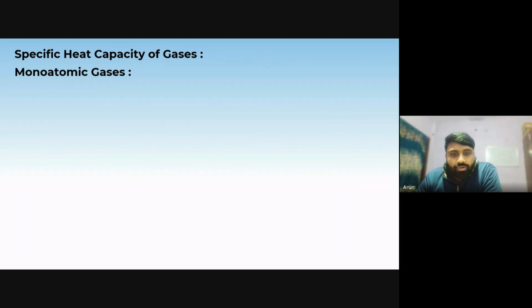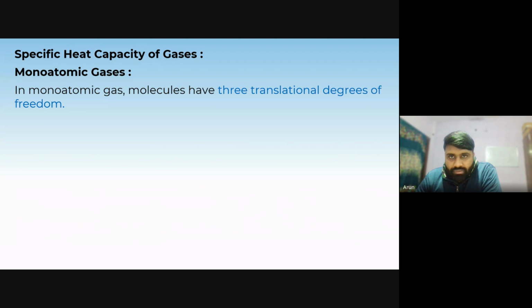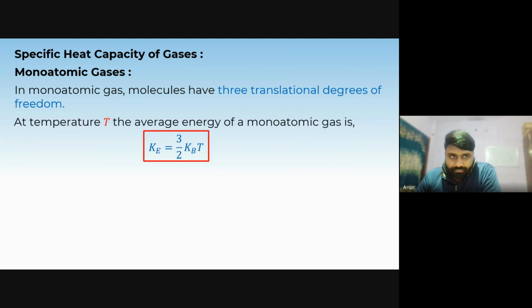Now for a monoatomic gas, the molecule has 3 degrees of motion, or degrees of freedom.